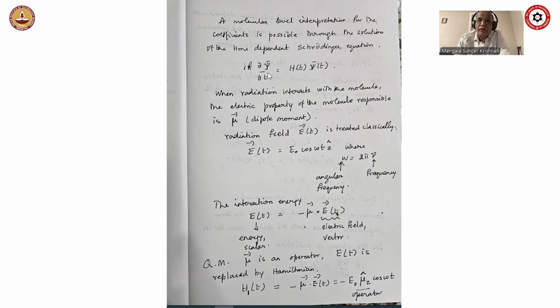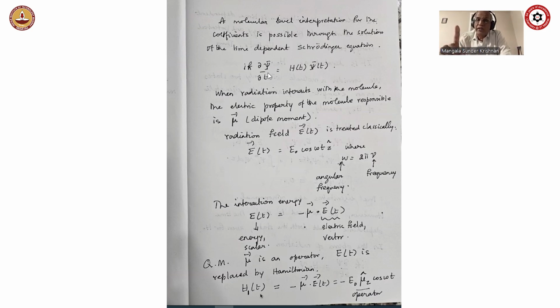Therefore, if E(t) is in the Z direction, then mu dot E(t) will be in Z. So if mu is the Z component of mu, and E(t) is E0 cosine omega t in Z, then this energy, minus mu dot E(t), is minus E0 cosine omega t times mu Z. This is what we call the Hamiltonian, or interaction of radiation with the molecule.